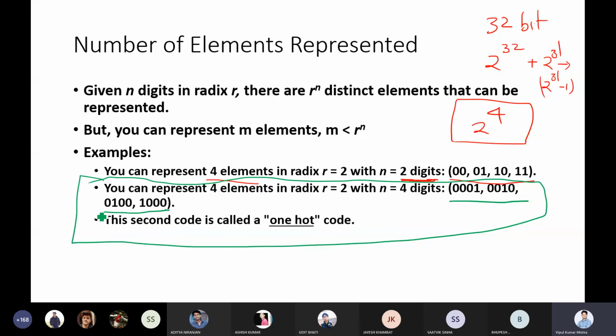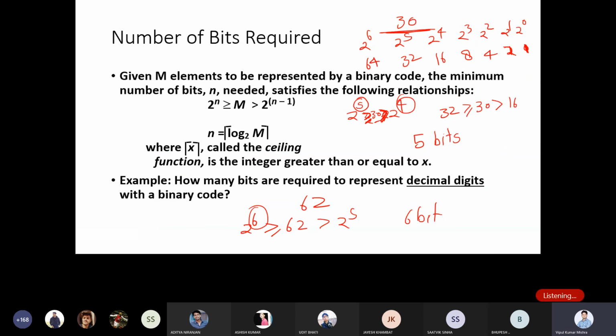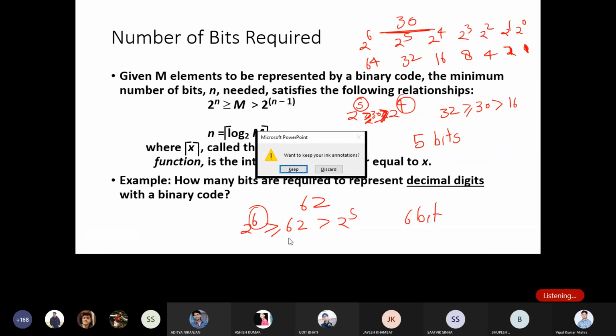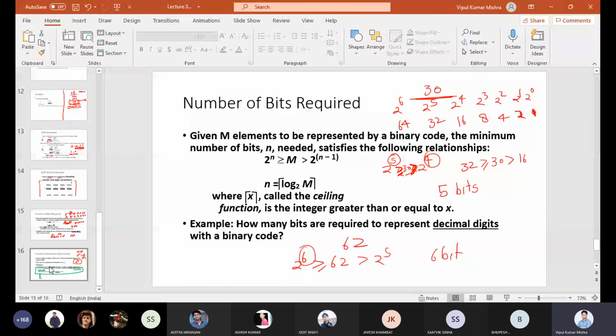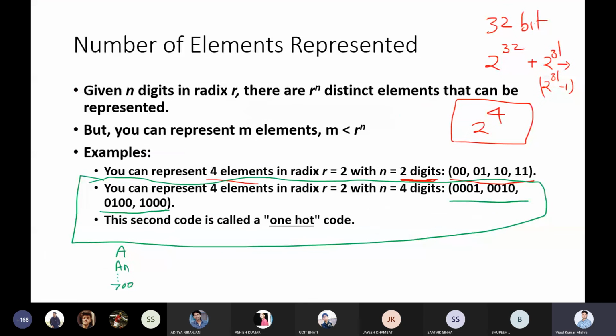In general, take one simple example. Suppose I want to represent a dictionary. A dictionary contains a, then and, and so on, up to zoo. Suppose there are a total of 100 words.